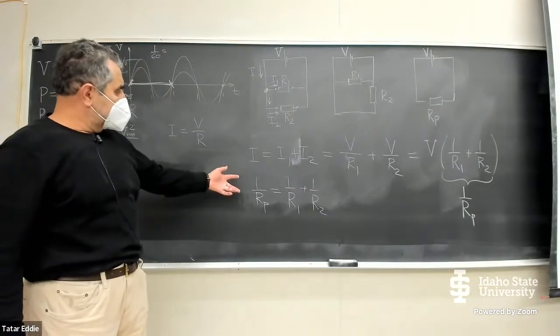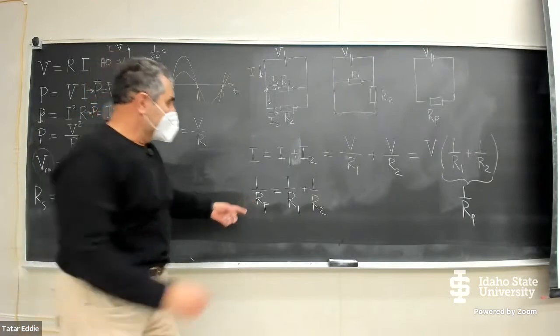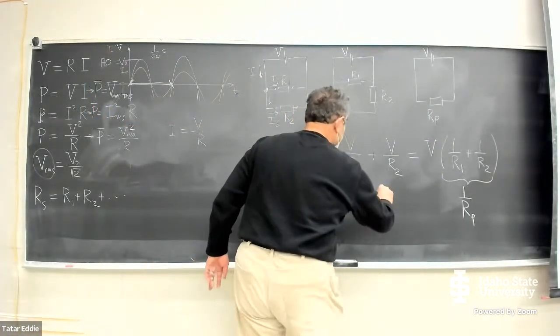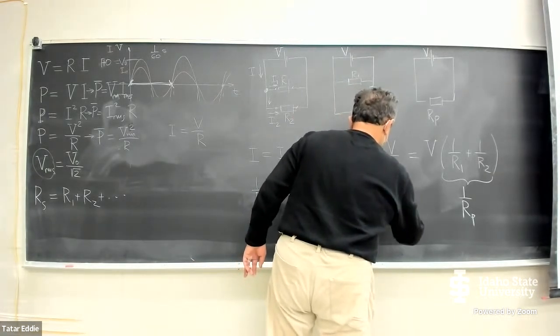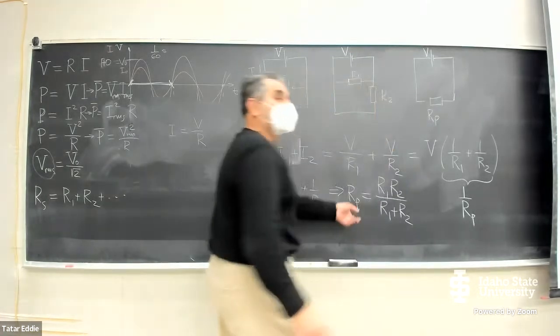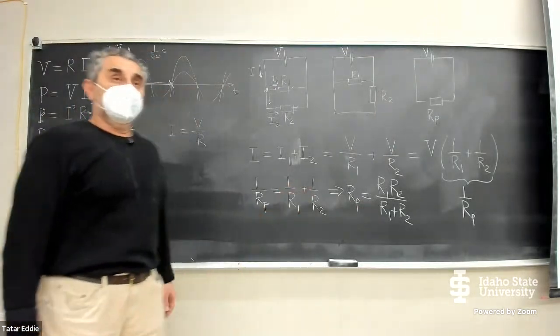Well, if you solve this expression for RP, you are going to get RP equal to the product of the two resistors divided by their sum, R1 plus R2. And this is more convenient when you're figuring out.